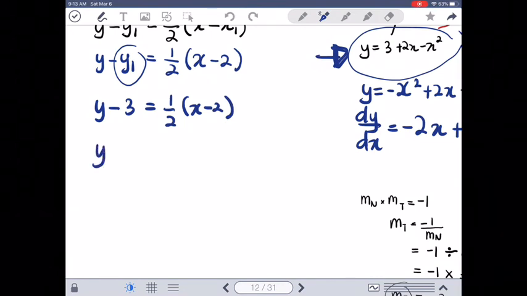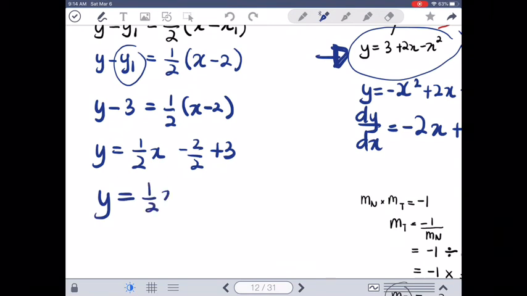So expand that: y minus 1 over 2x minus 2 over 2 plus 3. So y equals 1 over 2x plus 2. So this is your equation of normal.